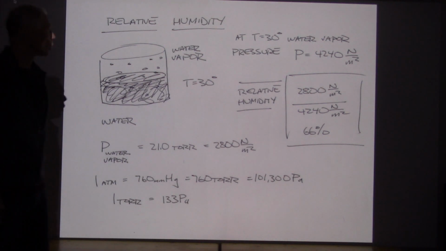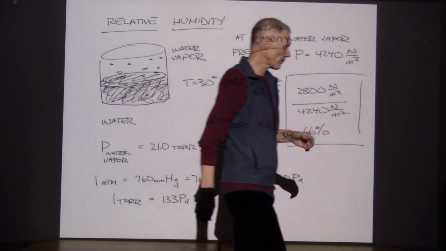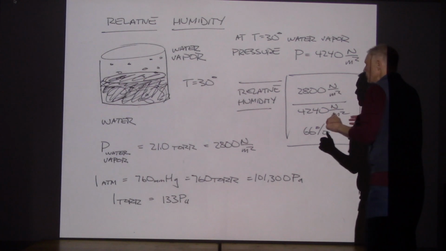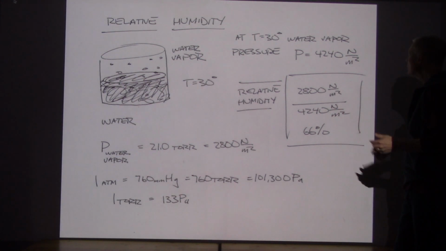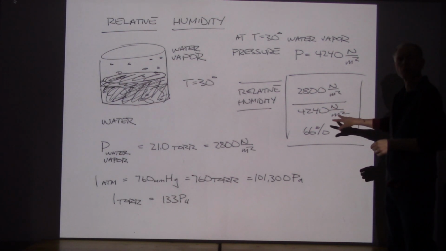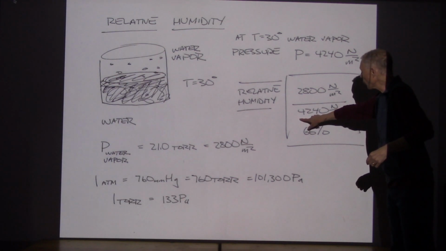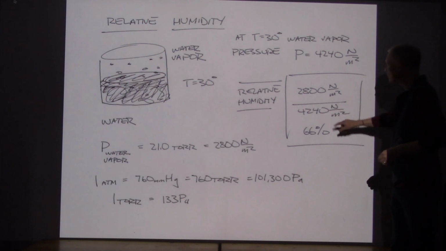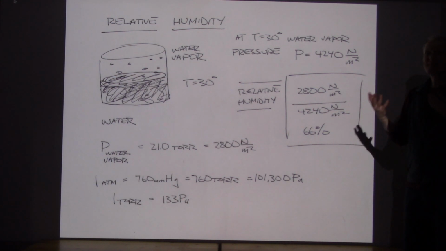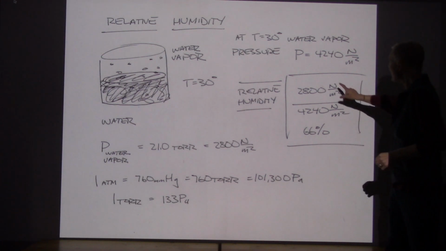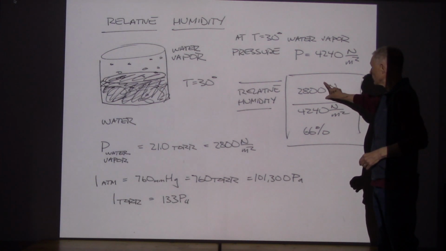Okay, so relative humidity would come down to this. At this temperature, in equilibrium, what would be the pressure of water vapor? The water vapor pressure would be 4,240. What's the actual reading? The actual reading is 2,800.